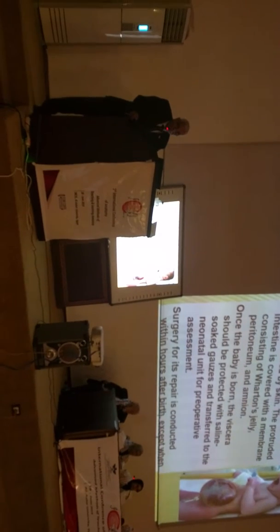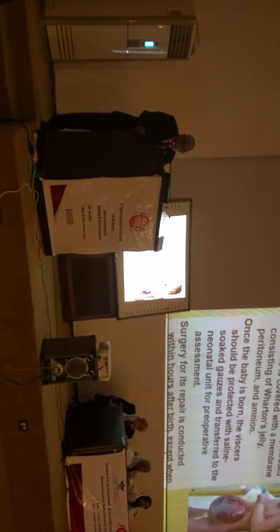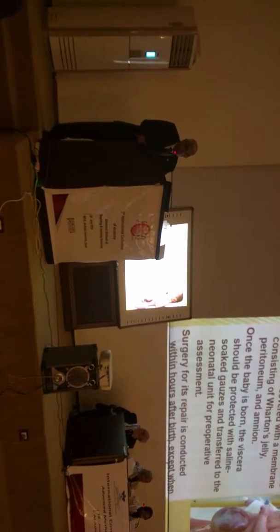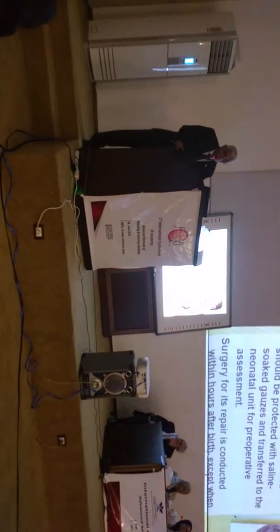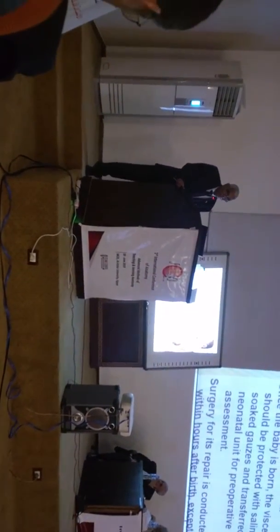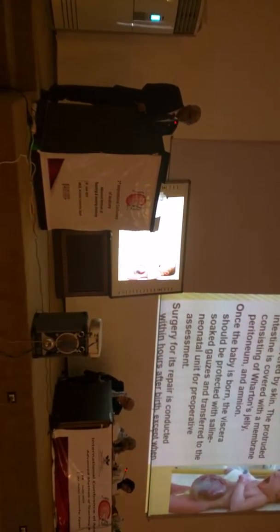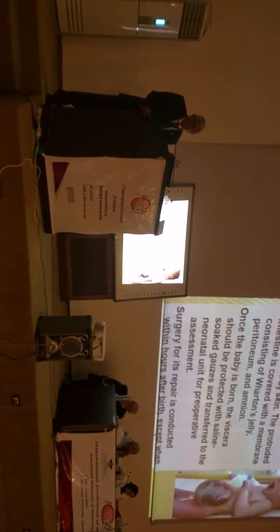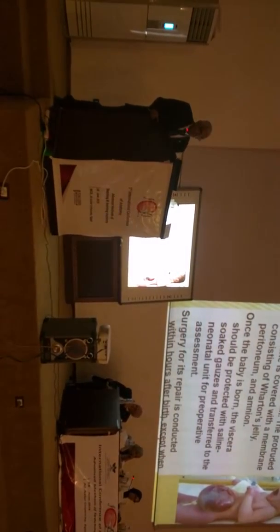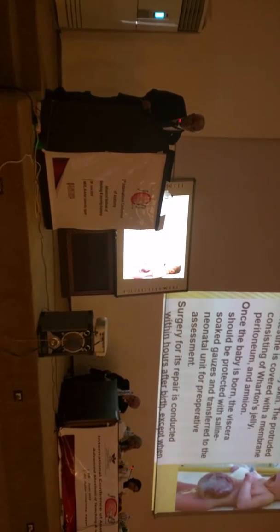This bulge or protrusion is not covered with skin as in congenital umbilical hernia, but covered only with a membrane formed of Wharton's jelly, amnion, and peritoneum. This is a large protrusion, and this is a severe case. It is necessary to cover this protrusion immediately.